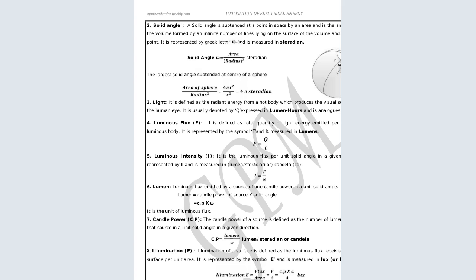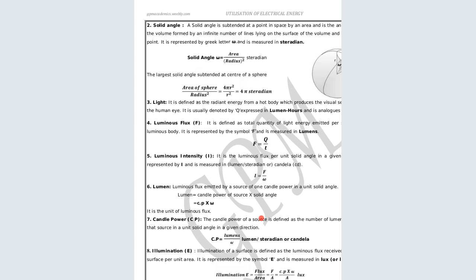The formula is omega equals the area of the sphere over the radius squared, which is 4 pi r squared over r squared. When we cancel the r squared, we remain with 4 pi steradian.